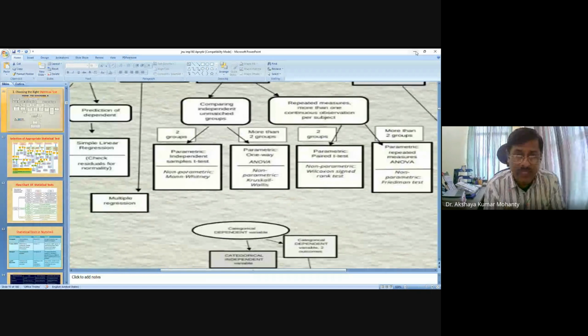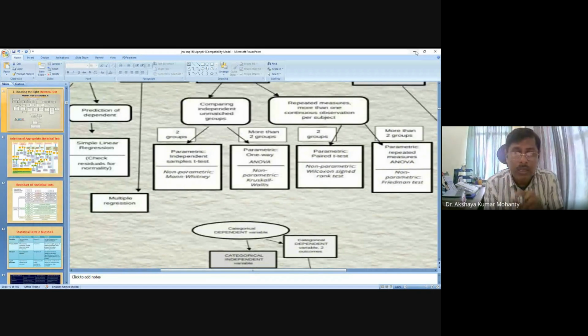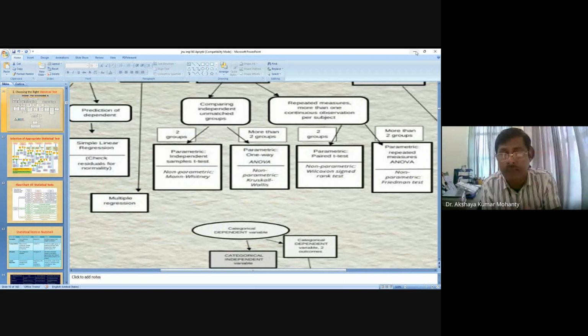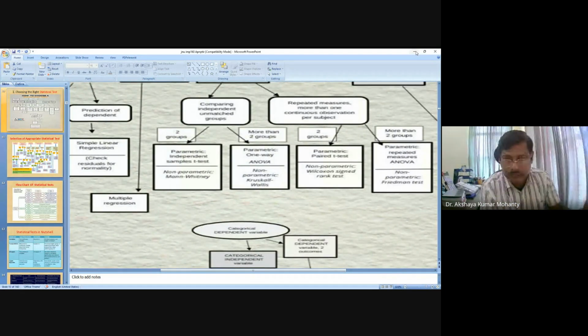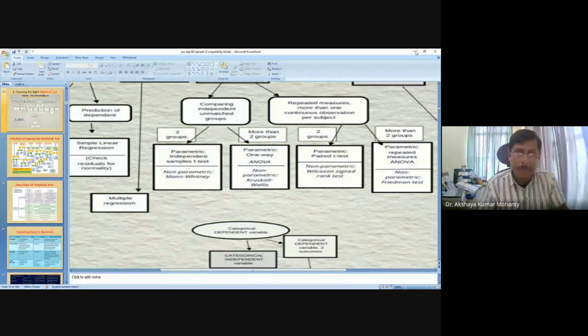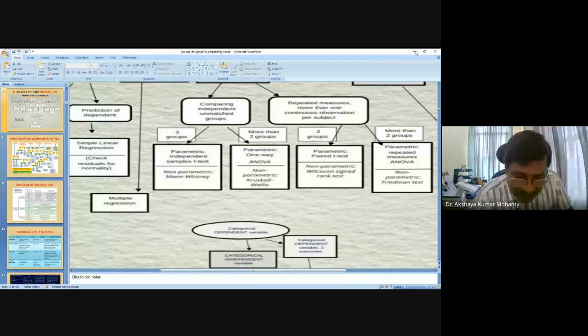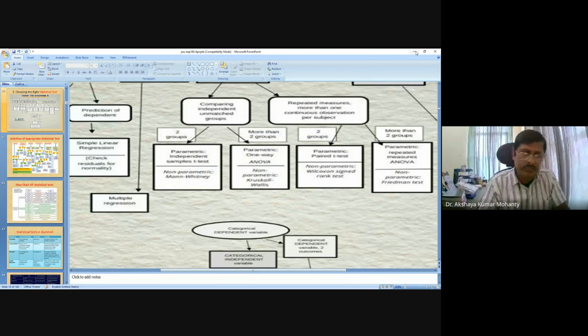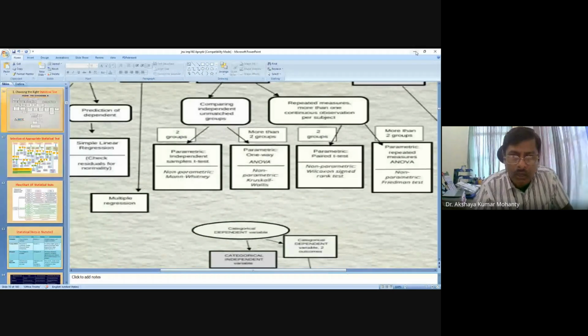The chi-square test will be utilized if and only if greater than or equal to 5 groups are available. Clear? Greater than or equal to 5 groups. You will get 5 expected results and 5 actual results, because chi-square is done through the expected output and the actual output. These two outputs are important.